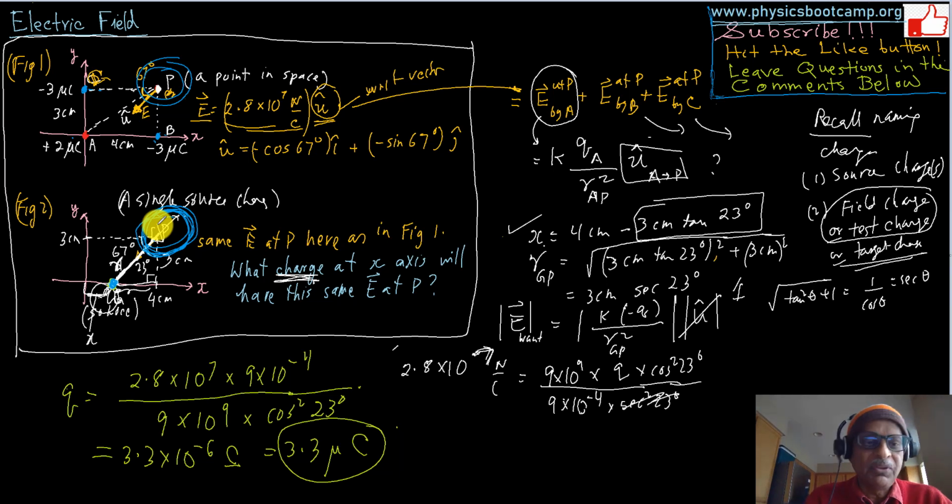So in a sense, the electric field by source charges, they have a life of their own. Electric field does not care about how it was produced, which was the source charge. Were the source charges these guys, or source charge was just this guy? And that's a very important observation. Electric field has a life of its own.